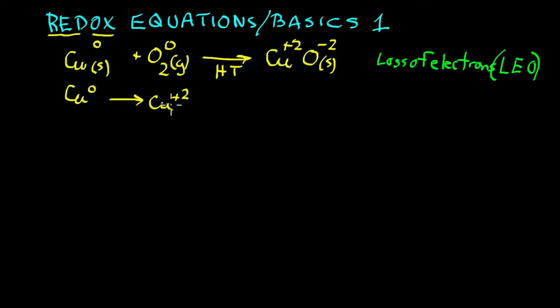Can't change the nucleus. And you lost 2 electrons. You're deficient 2 electrons. +2 means deficient. So the electrons we place as a product. They came out of the equation. We lost them. They're on the product side. That is loss of electrons. That's oxidation.